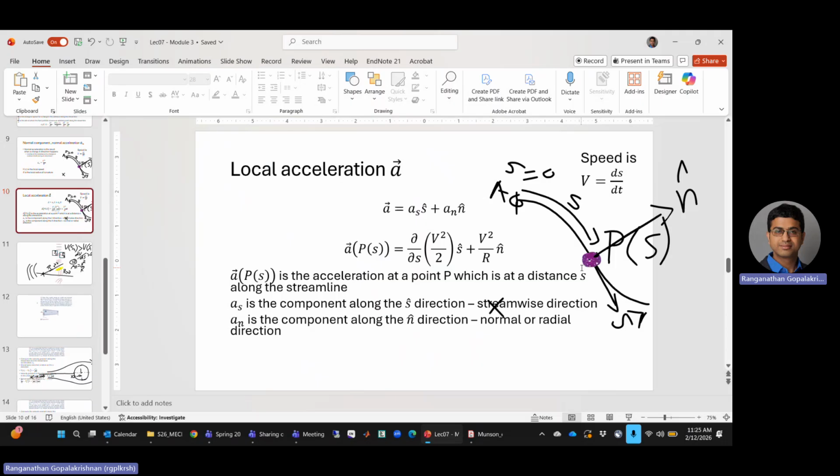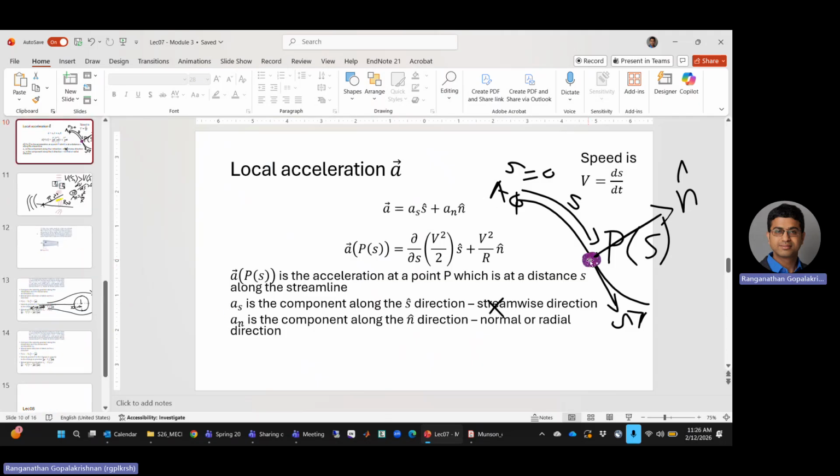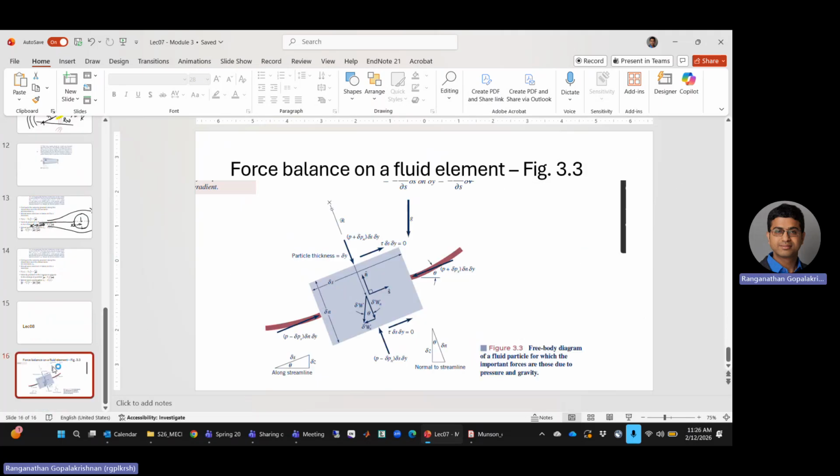Then, if that is the case, what I drew as a colored dot here, the magnified version of that is this figure. So along the streamline, I identify a fluid particle. It has a certain volume.